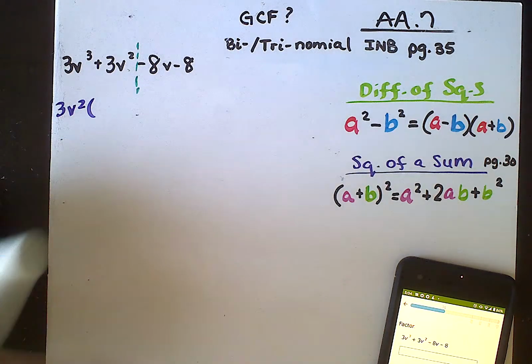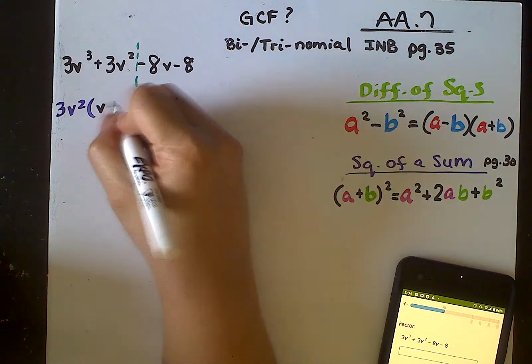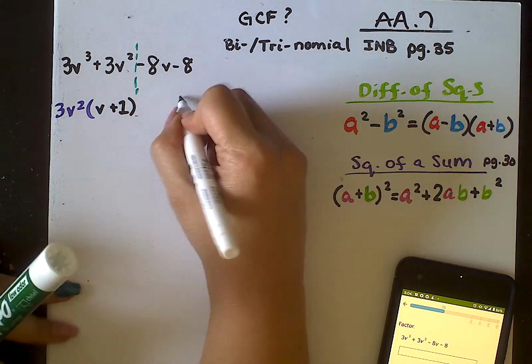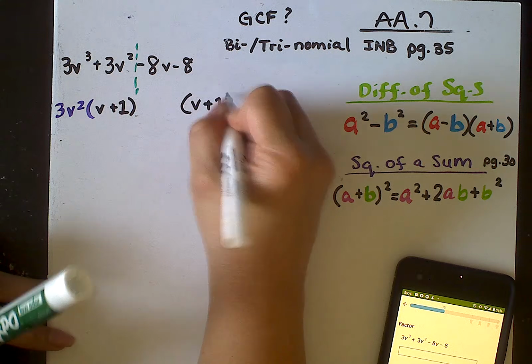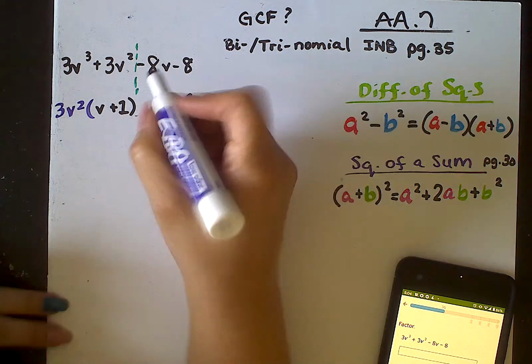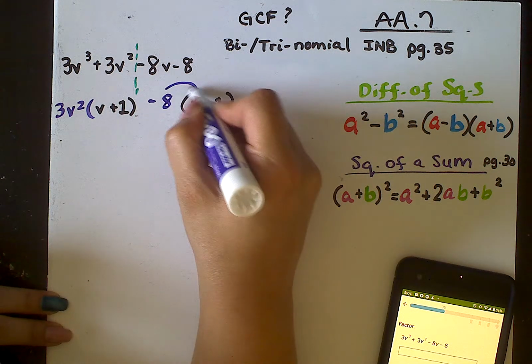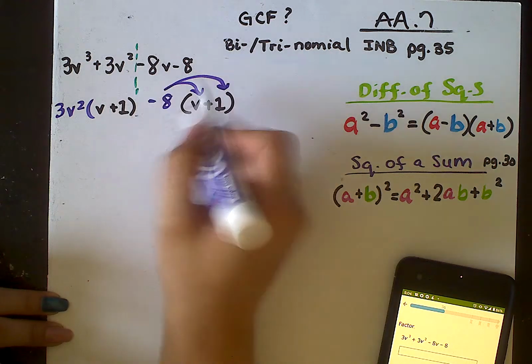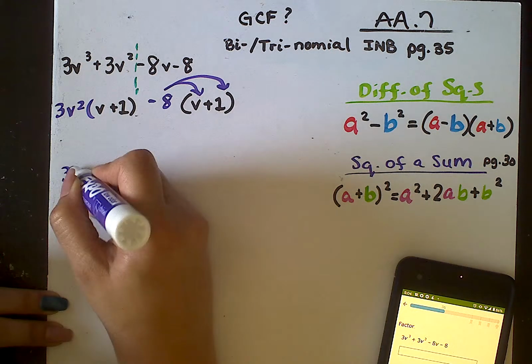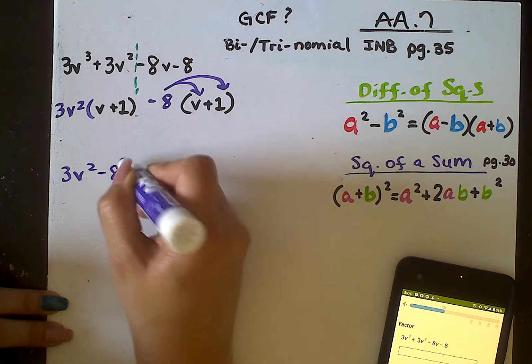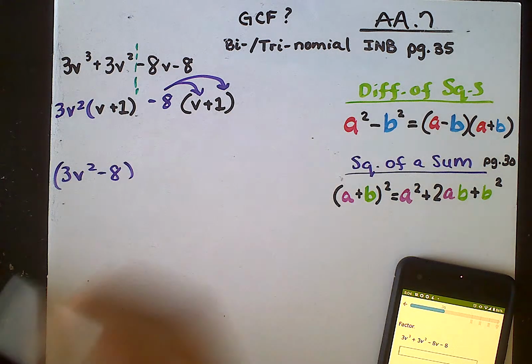I'm just missing a v plus 1. So then v plus 1, negative 8. Okay, so then 3v squared minus 8 and v plus 1.